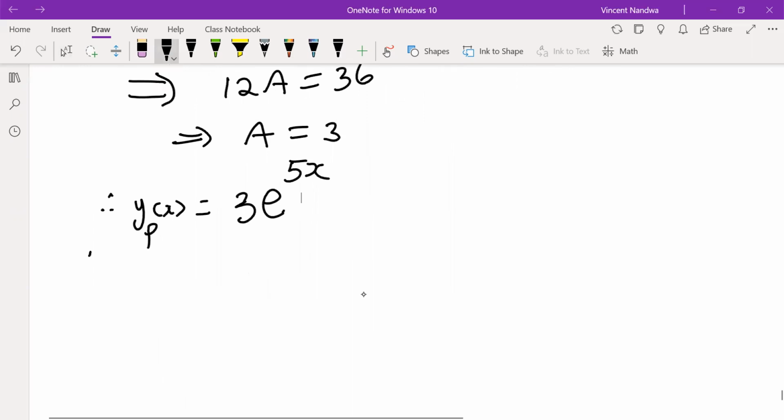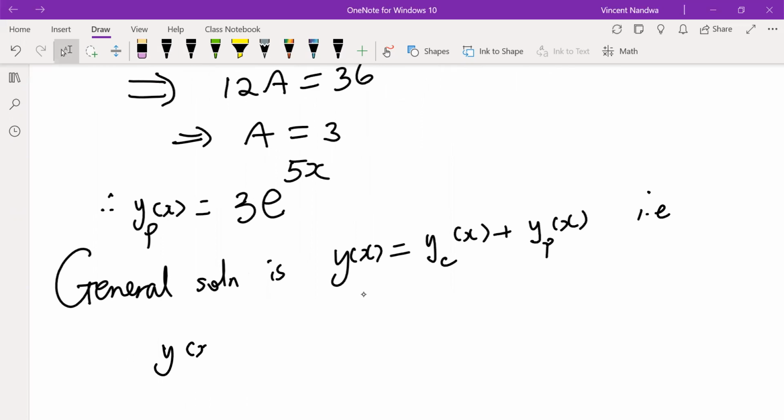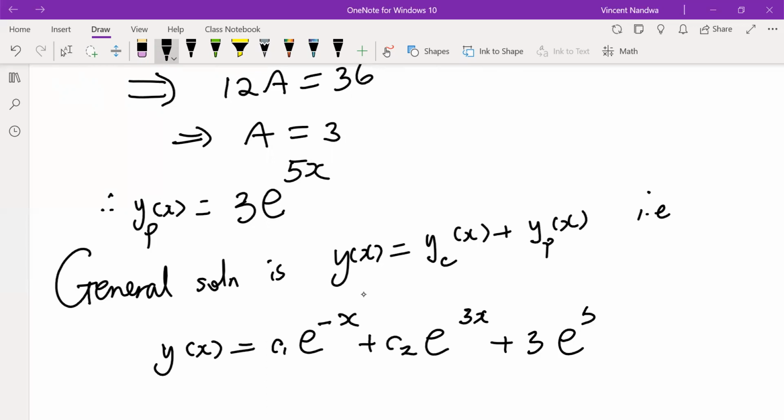So the general solution is always the complementary solution plus the particular solution, i.e. y of x is c1 e raised power negative x plus c2 e raised power 3x, now plus 3 e raised power 5x.